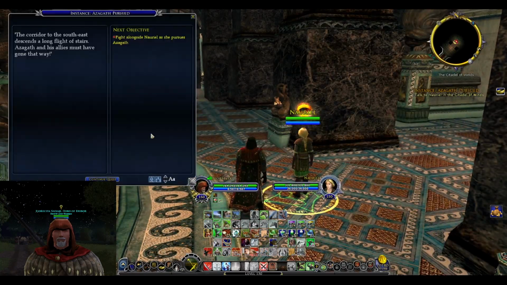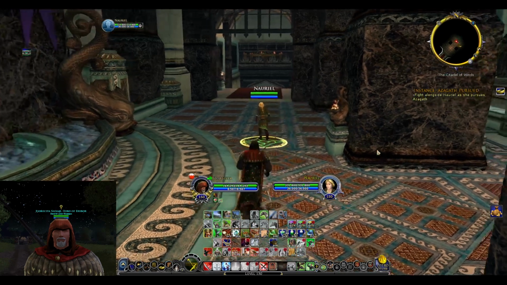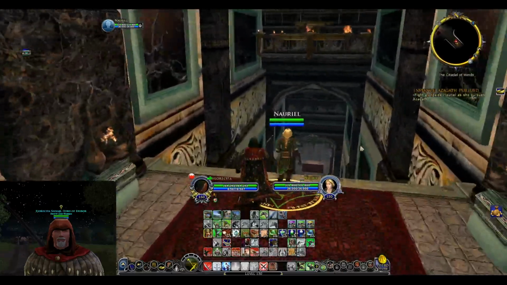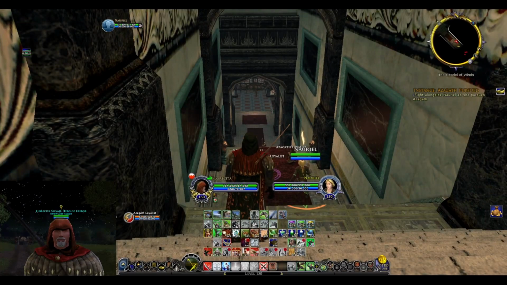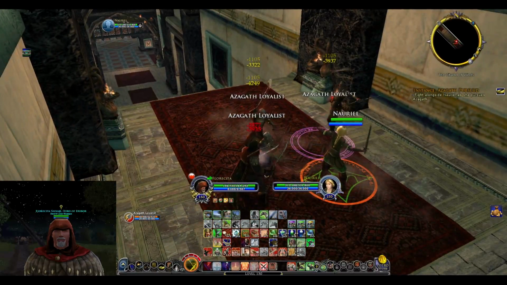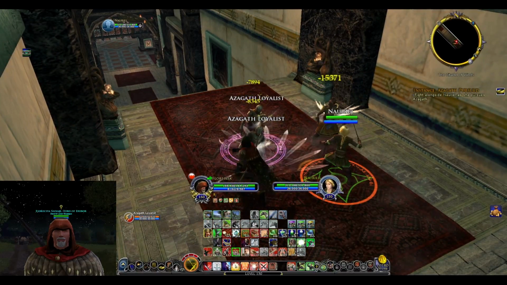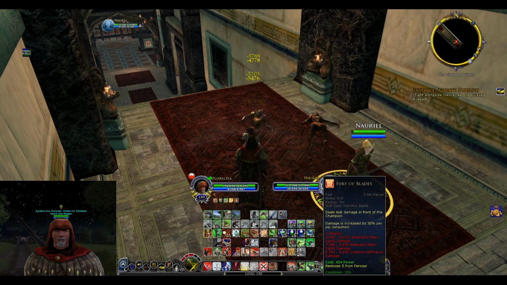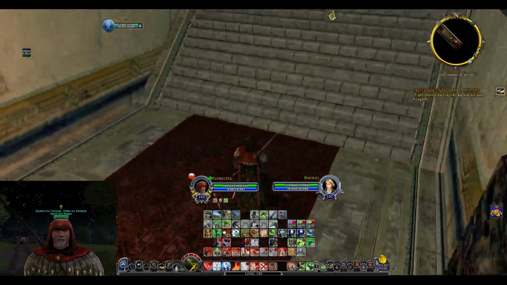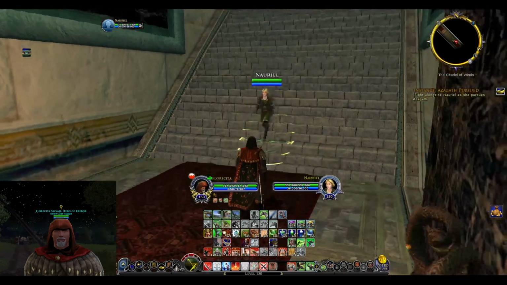Okay. The corridor to the southeast descends a long flight of stairs. Azagath and his allies must have gone that way. Okay. Where's she going?